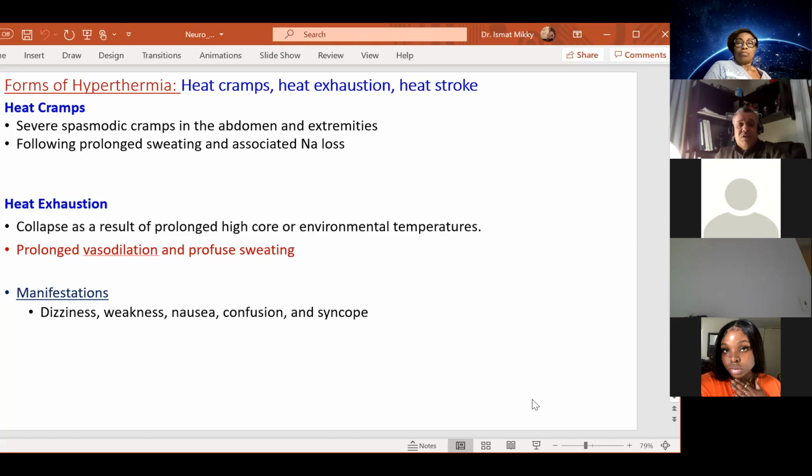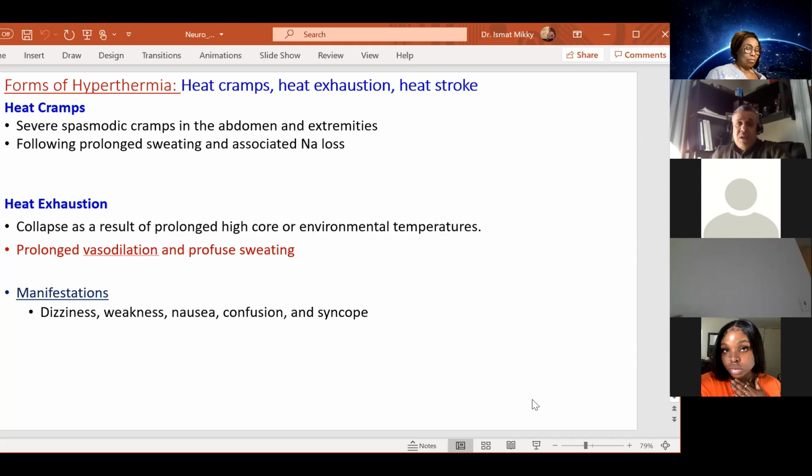The heat exhaustion, which is prolonged vasodilatation and profuse sweating, results in dehydration, hypotension, decreased cardiac output, and tachycardia, because the patient developed the vasodilatation and profuse sweating.